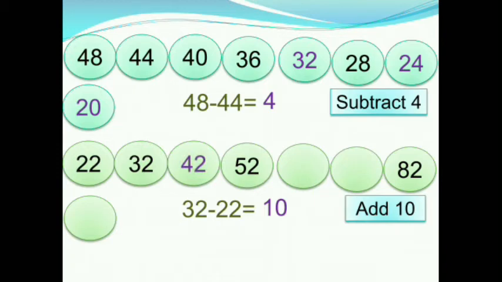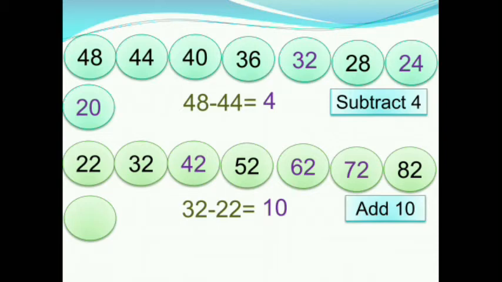They have already given 52. Next we should add 10 to 52. 52 plus 10, 62. 62 plus 10, 72. 72 plus 10, 82. 82 they have already given.